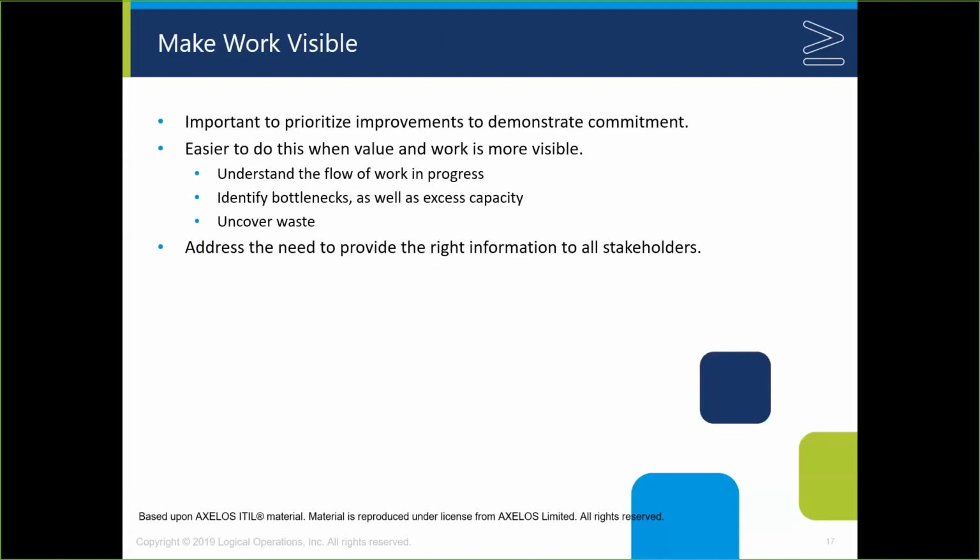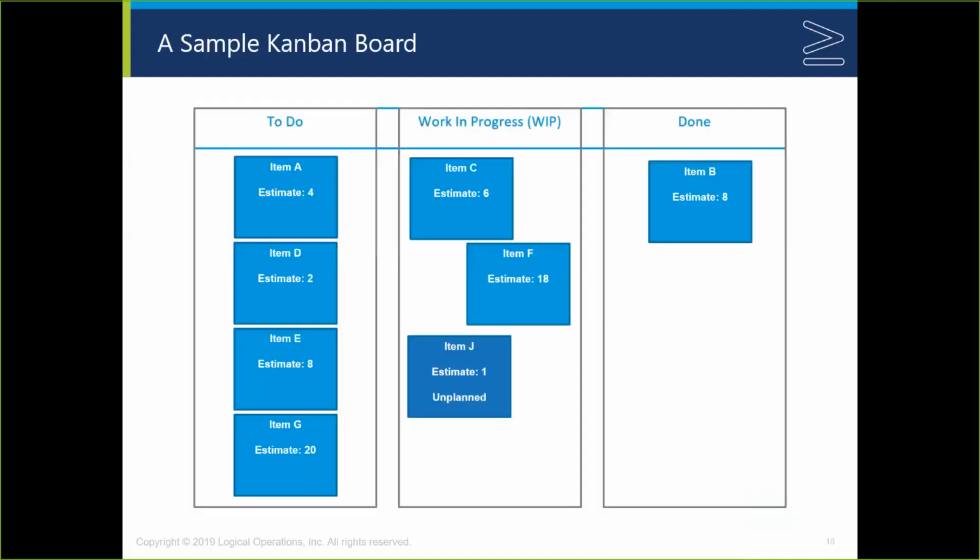Making work visible, again, is borrowed extensively from the Agile universe, using tools like Kanban boards to help people understand flow, to be able to identify bottlenecks. We provide a very simple sample here that you can walk through to explain to people how Kanbans work.